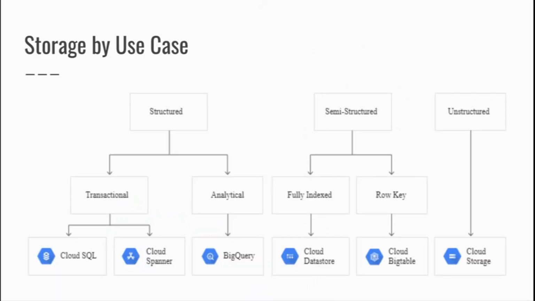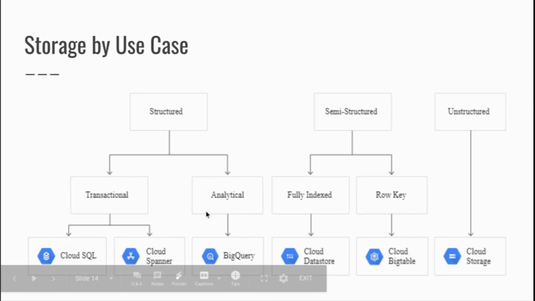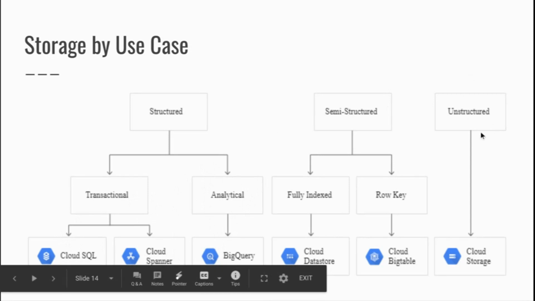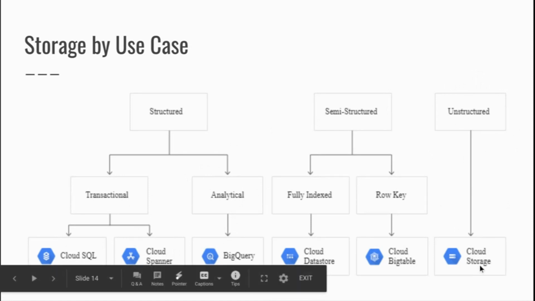Now this is one chart that you can see on which to use when. If you have structured data and you need transactional support, then you can use Cloud SQL or Cloud Spanner. If you need analytical workload, then you can use BigQuery. Now, even though here Cloud Storage shows unstructured, if your data is structured or unstructured, for both you can use Cloud Storage.